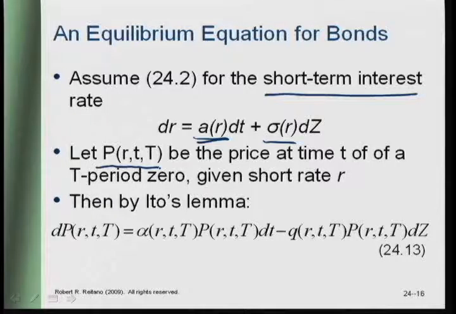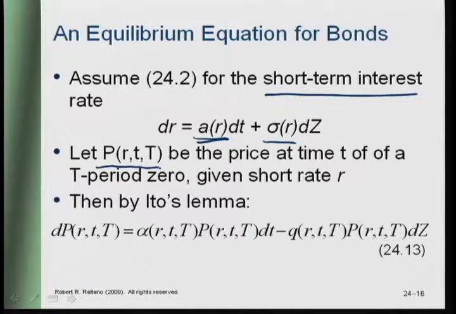So that's the way to think about it. For a given little t, that's when we do the pricing, and a given value of R, that's the prevailing short rate, this is a function of T. It gives us the collective prices of all zero coupon bonds at that moment.